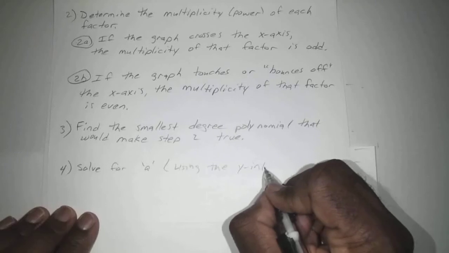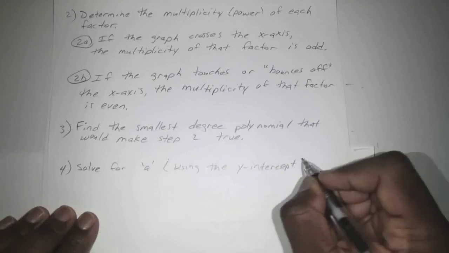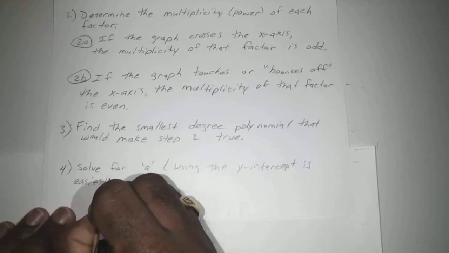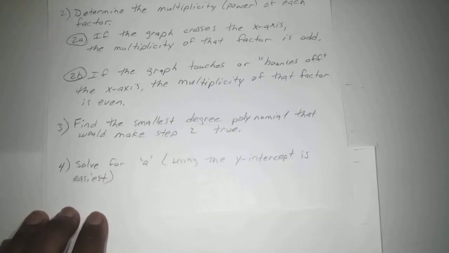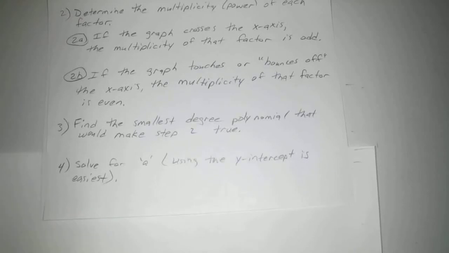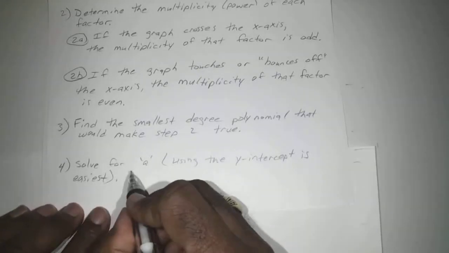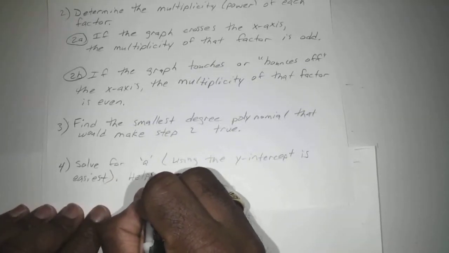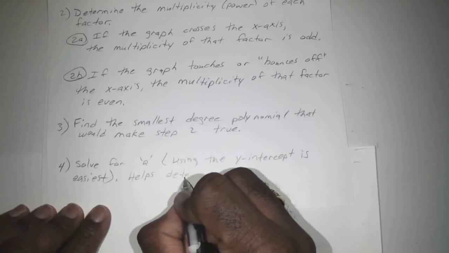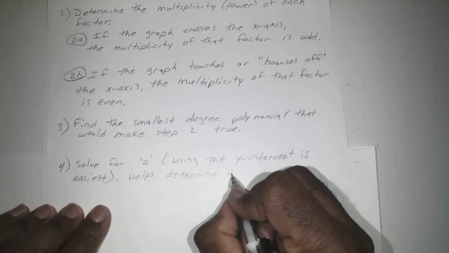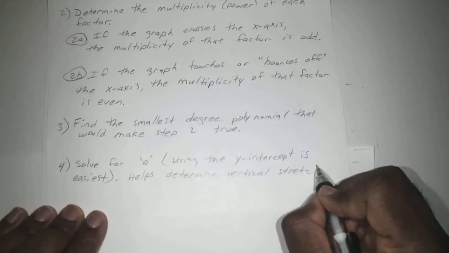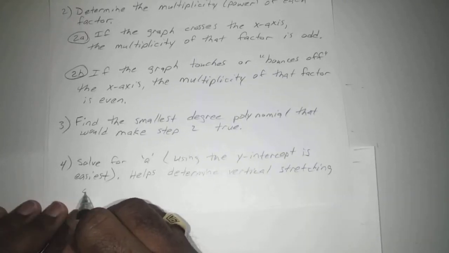Using the y-intercept is easiest. Like I said, not the only way, but just the easiest. Okay, and that helps us find the vertical stretching or shrinking.